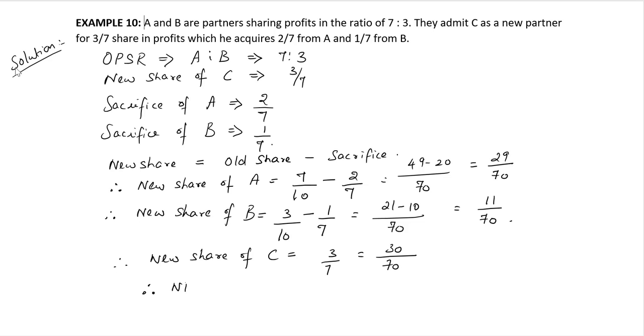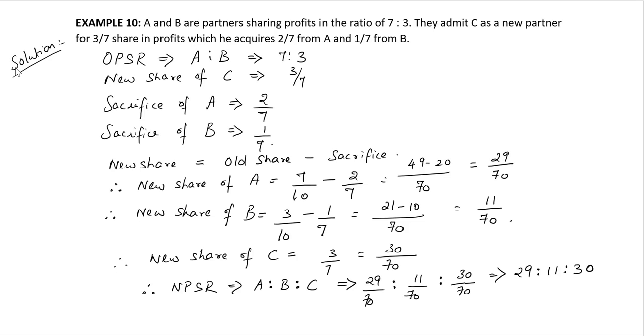Therefore, NPSR between A, B and C is equal to 29 divided by 70 is to 11 divided by 70 is to 30 divided by 70, or 29 is to 11 is to 30.